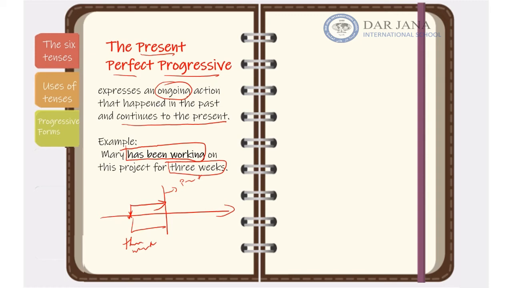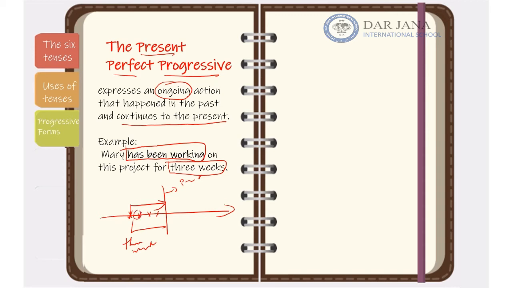If I said Mary has worked on the project for 3 weeks, it means that she might have started in the beginning of 3 weeks and then did some work after 1 week, after 2 weeks, and so on until the present. But these are not continuous. They might be intermittent.